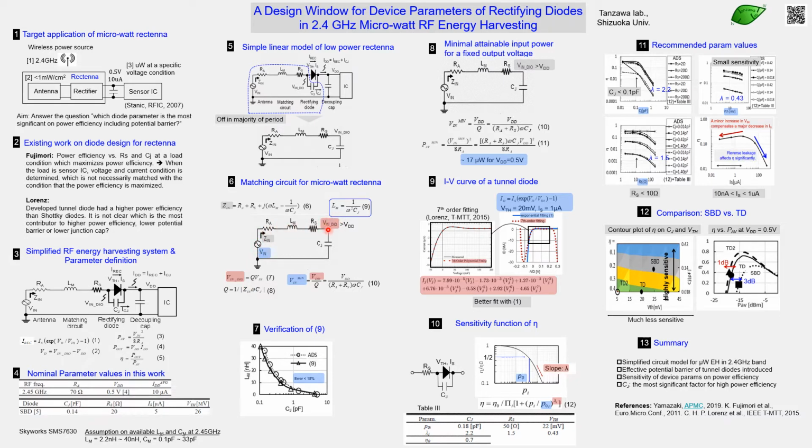This input voltage and this anode voltage of the core diode are related with this equation, where Q is given by this. When this reactance component is cancelled out, we get equation 9.